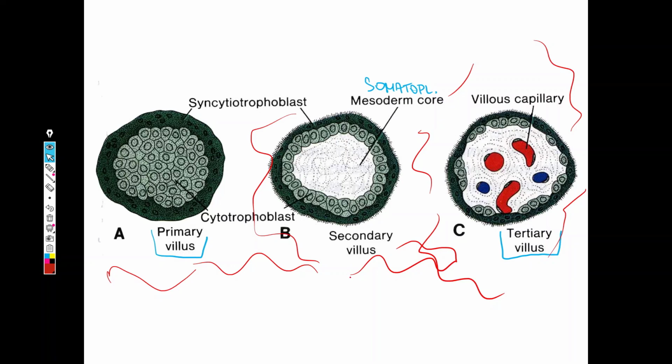So intervillous space around these villi over here, and here we have maternal blood around villi and fetal blood on the inside of the villi. So there is no way that blood of the fetus will mix with maternal blood. There is some kind of barrier right here. The fetal and maternal blood are not in direct contact.